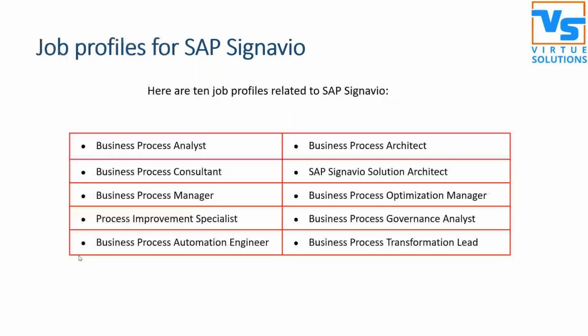These are the profiles who generally adopt SAP Signavio: business process analyst and consultant, architect, improvement specialist, automation engineer, and others. This will change a little over the next few months, because as enterprise automation is coming, the scope of Signavio is increasing to a broader extent, since it gives you the big picture and can also give you AI.